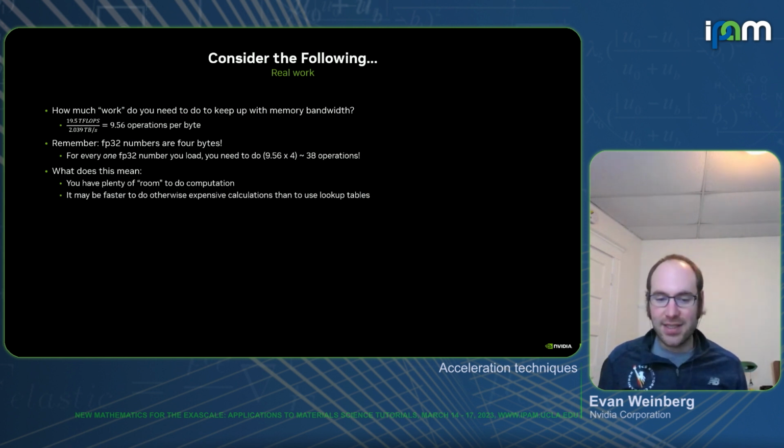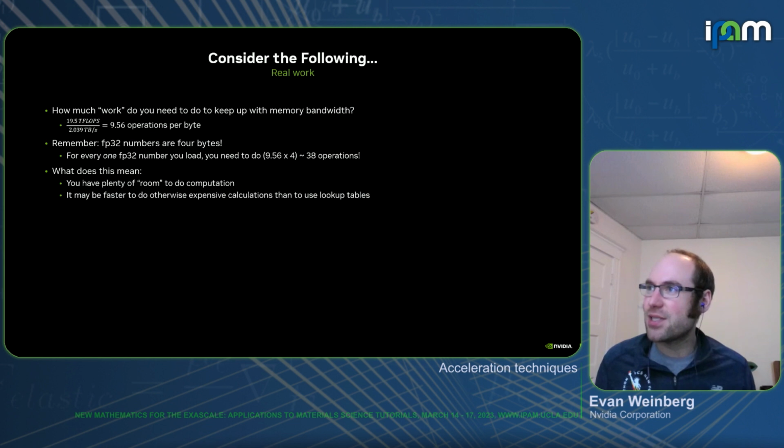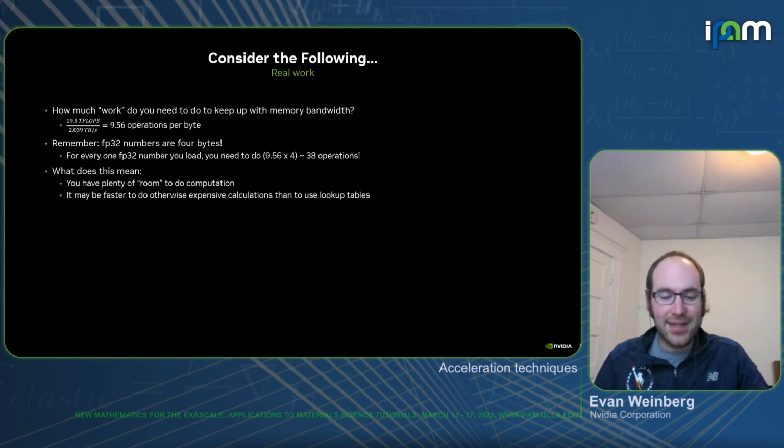A historical example, for the molecular dynamics folks, is a potential known as the embedded atom method. If you look at a lot of common implementations of it, it's implemented via lookup tables. If you go back to the original paper on the embedded atom method, you'll see that the lookup tables are really largely just sums of exponentials.